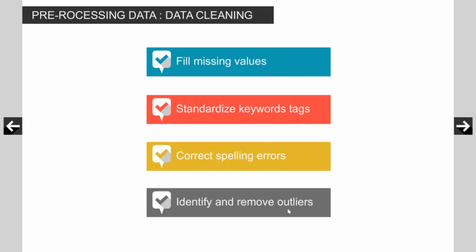What do you mean by outliers? Suppose I ask a person, what is your age? He says his age is 143. Now if you ask me, is it possible for a person to live up to the age of 143? Even though it is technically possible, probably he is telling the age wrongly.